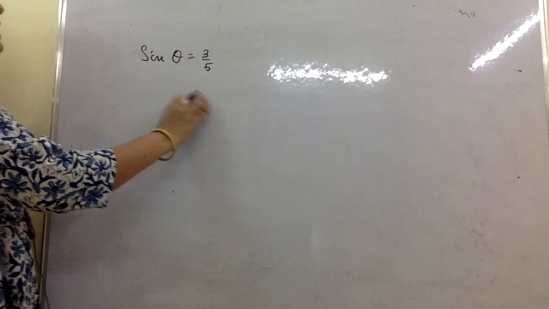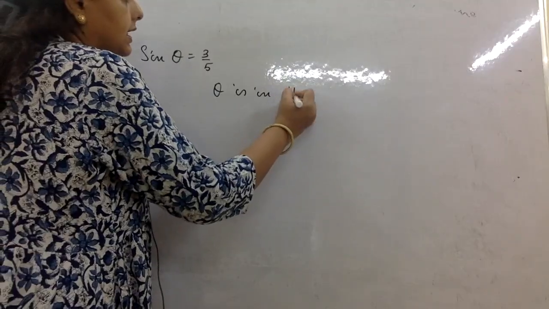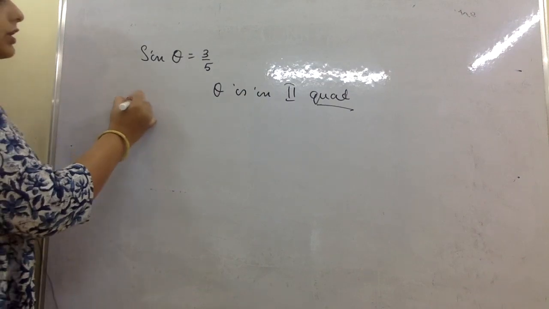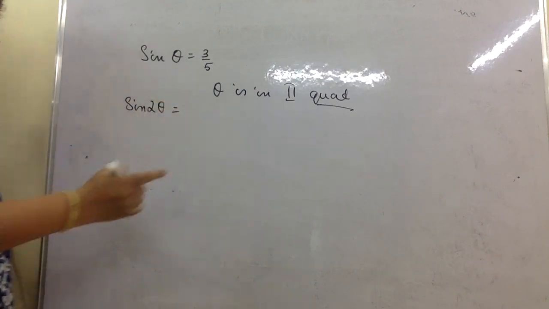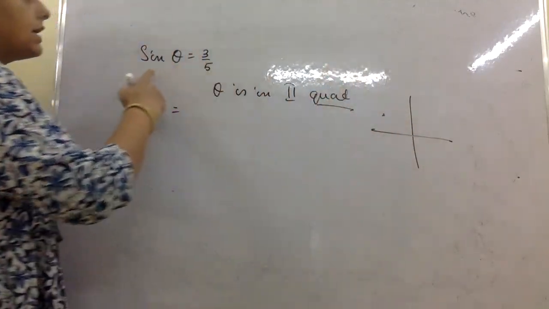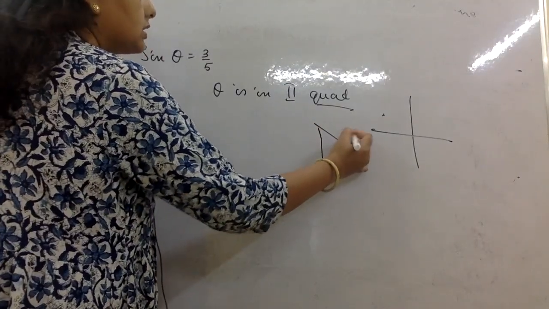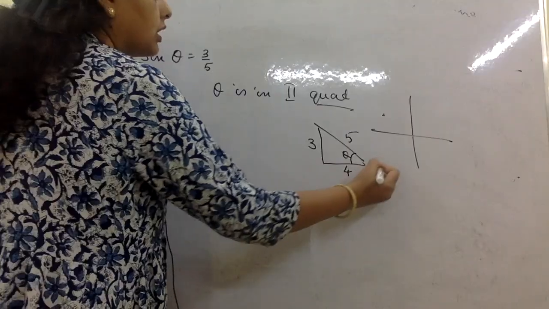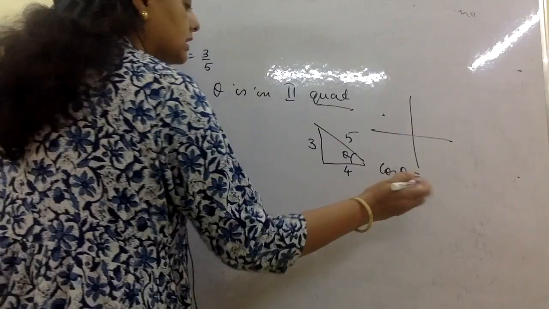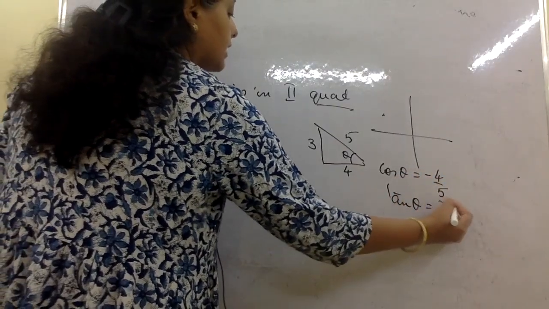Now, if theta is in the second quadrant, how does the sum change? Then sine 2 theta is how much? If theta is in the second quadrant, then sine is positive, but cos is negative here, as in all sine tan cos. So cos theta is minus 4 by 5, and tan is also negative, minus 3 by 4.